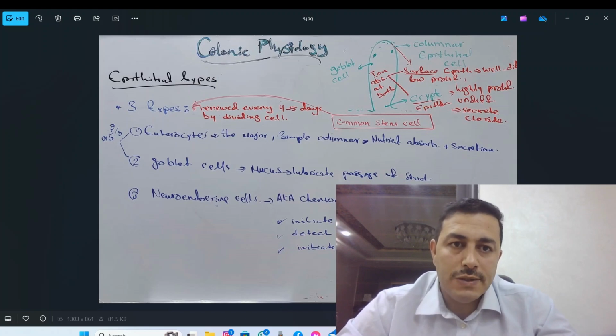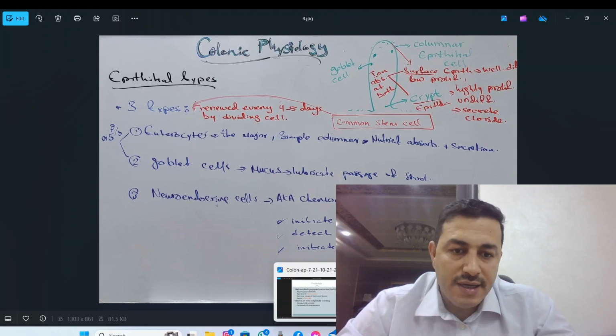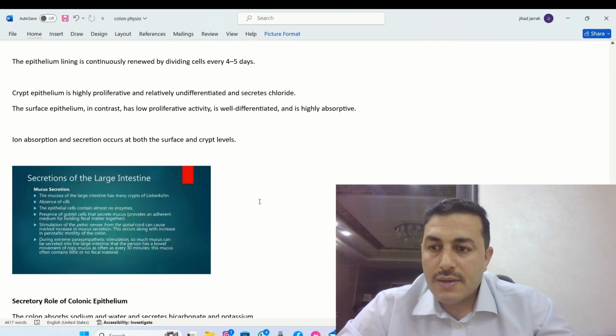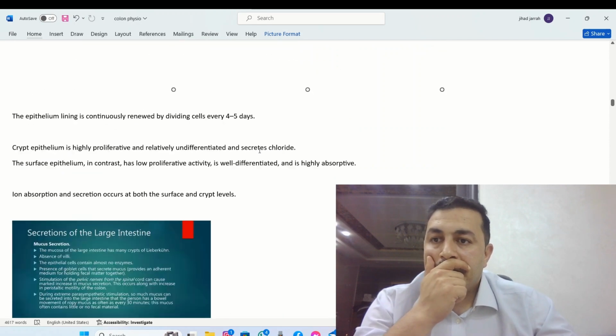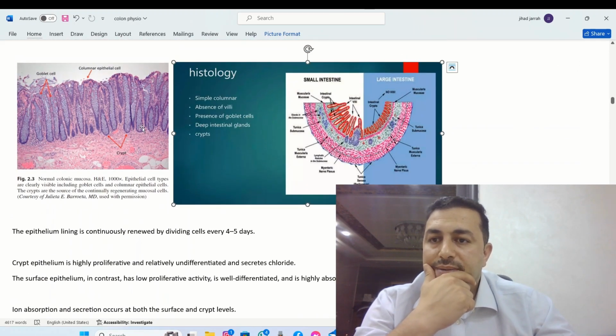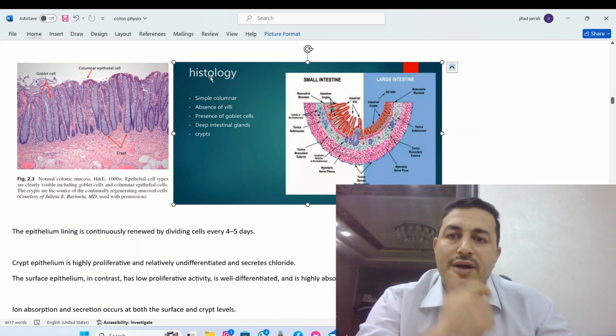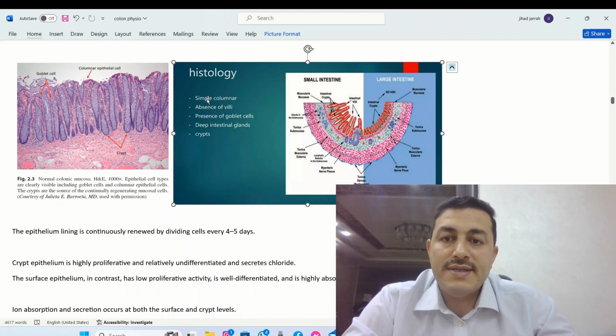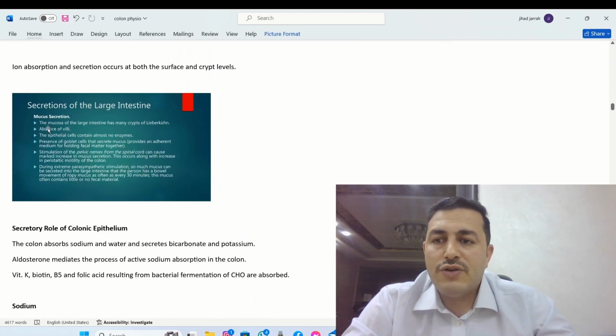What else do we want to add regarding this? Let's go back. These are the crypts. This is not villi but the epithelial surface. You can see in the colon simple columnar epithelium, absence of villi, presence of goblet cells, and deep intestinal glands and crypts.